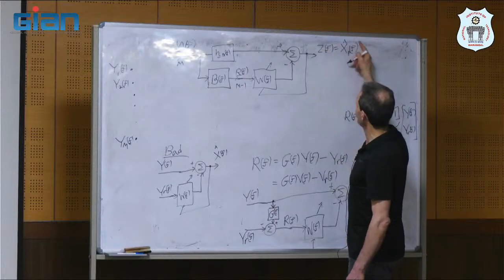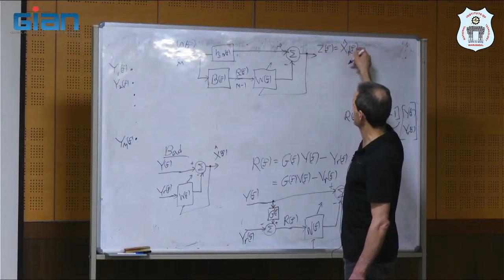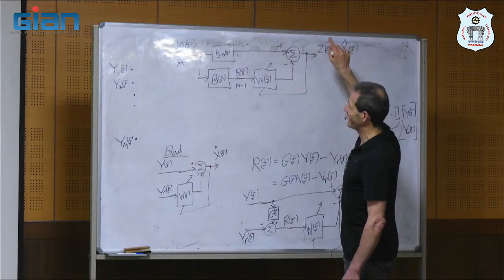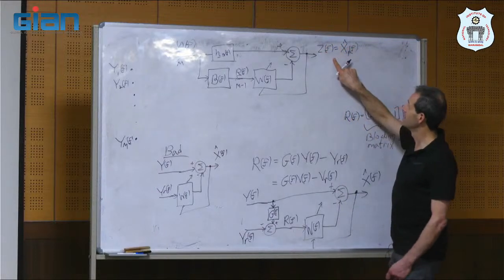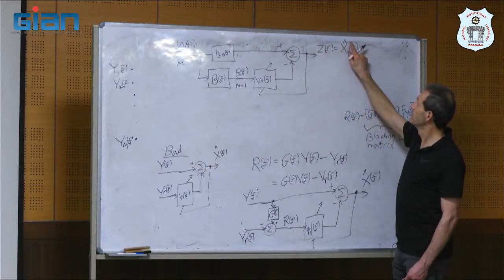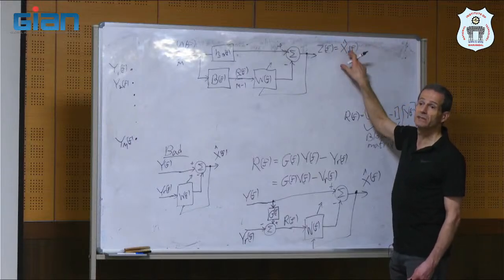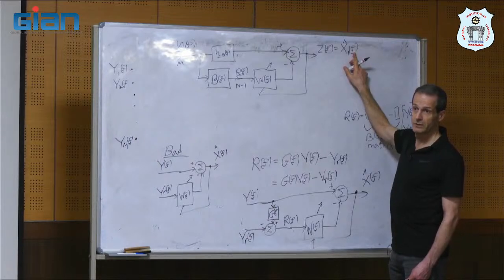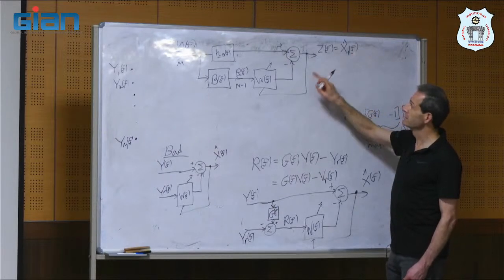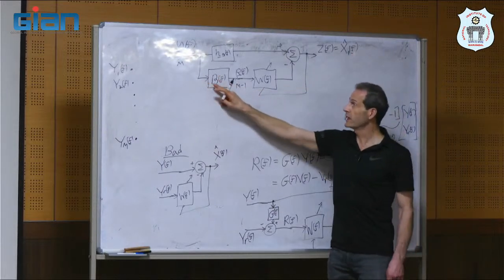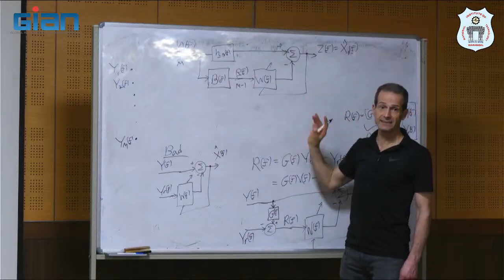So if we minimize the variance at the output, it's similar to minimizing the variance of the residual noise at the output. Why? Because these channels, they don't contain any desired signal.